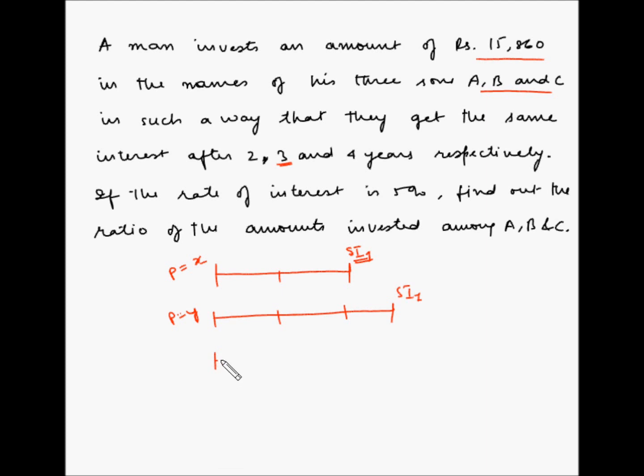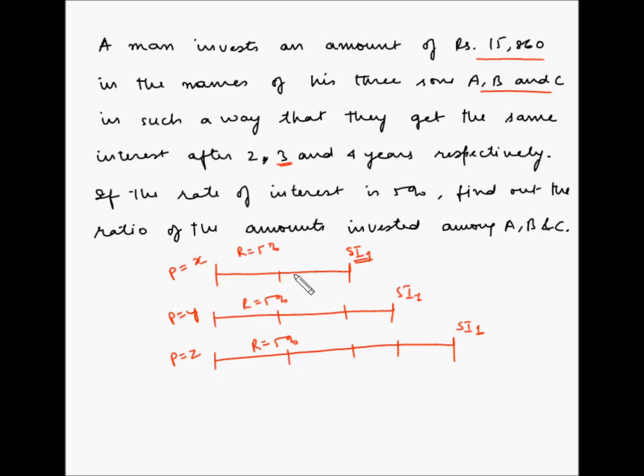Now for C, let's say the principal is Z and the simple interest at the end of 4 years is also SI 1. Also we have been given that the rate of interest is 5%. So the rate of interest is the same for all three schemes. With this information, we have to find out the ratio between X, Y, and Z.